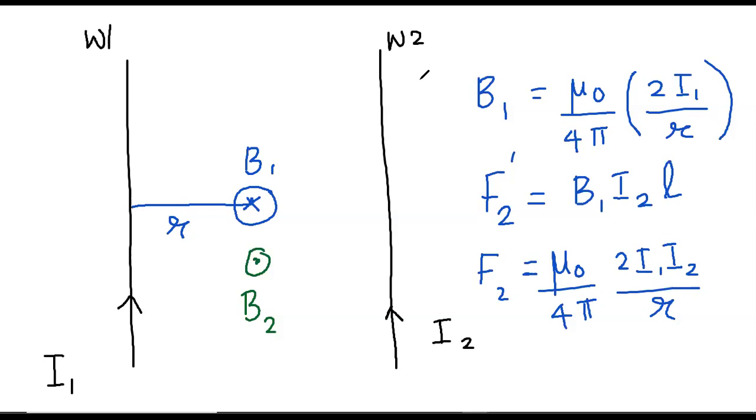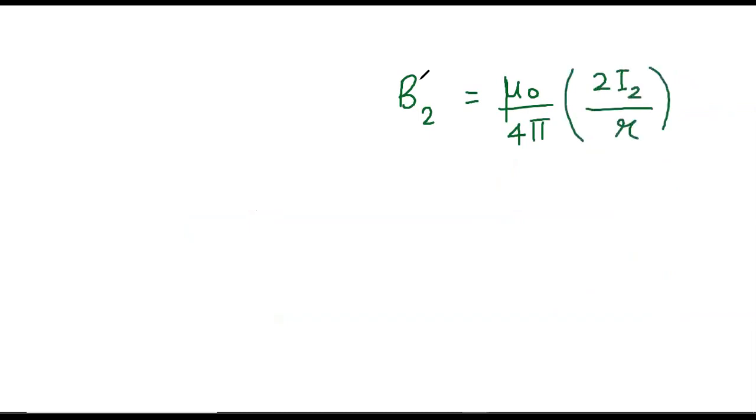Now, how can I write B2? Again, we are going to apply Biot-Savart law. B2 is also going to be equal to mu naught by 4 pi, but the current that is flowing through wire 2 is I2. So if I have considered the point at the same normal distance from the wire as we considered for the first wire, it becomes 2I2 by R.